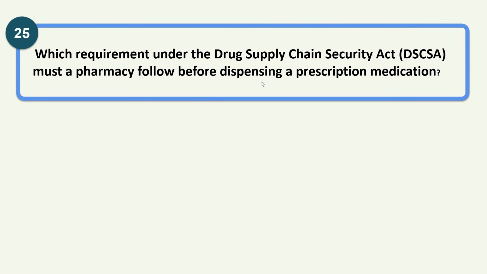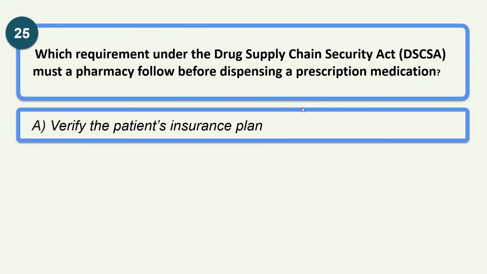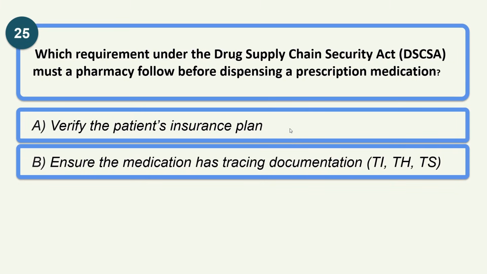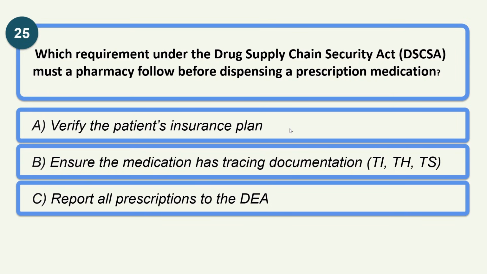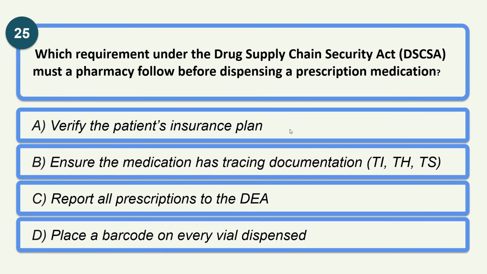Which requirement under the Drug Supply Chain Security Act must a pharmacy follow before dispensing a prescription medication? A. Verify the patient insurance plan. B. Ensure medication has tracking documentation such as T1, TH, TS. C. Report all prescriptions to the DEA. D. Place a barcode on every vial dispensed.